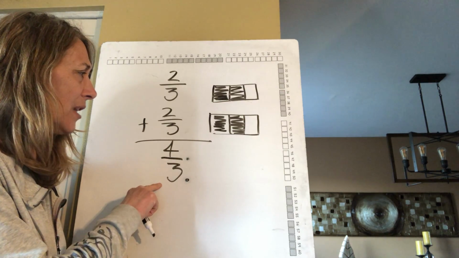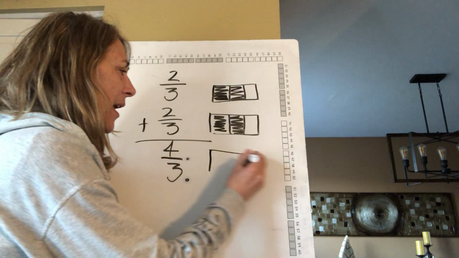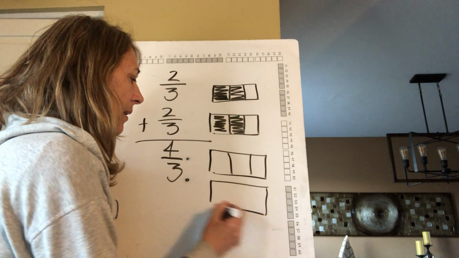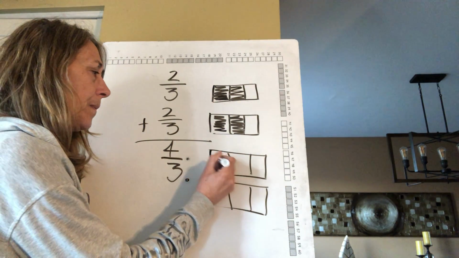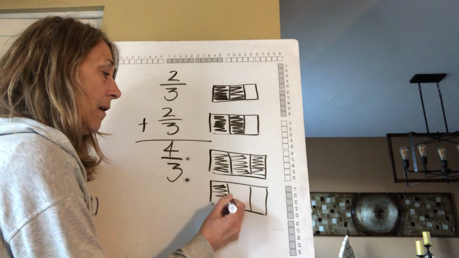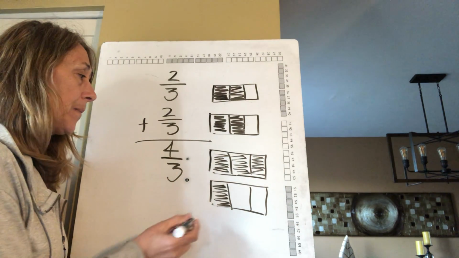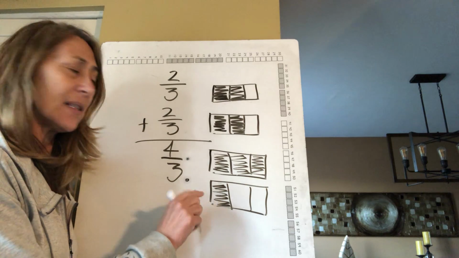And what does this look like? Here's my 2/3 and my 2/3, but let's make some empty fraction bars again in thirds. And I'm going to fill in 4 of them. 1, 2, 3, 4. I filled in 1 whole bar and 1 piece left, that's a third.